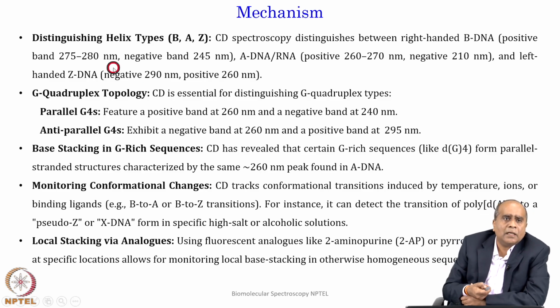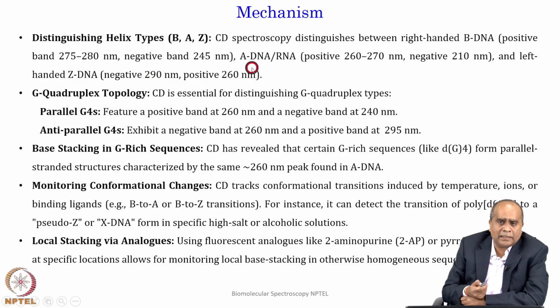So, what happens? One can use this differential absorption signal from base stacking to distinguish the helix type B versus A versus Z. These are right handed: B has a positive band at 275 to 280 and negative at 245.